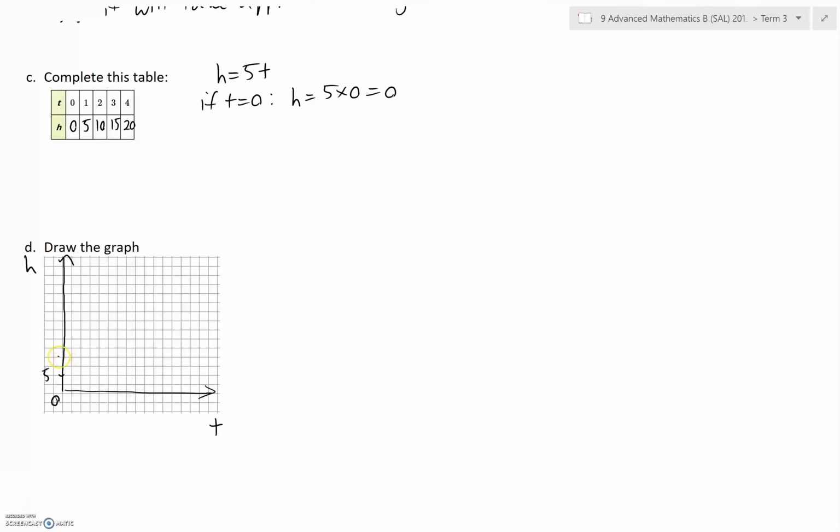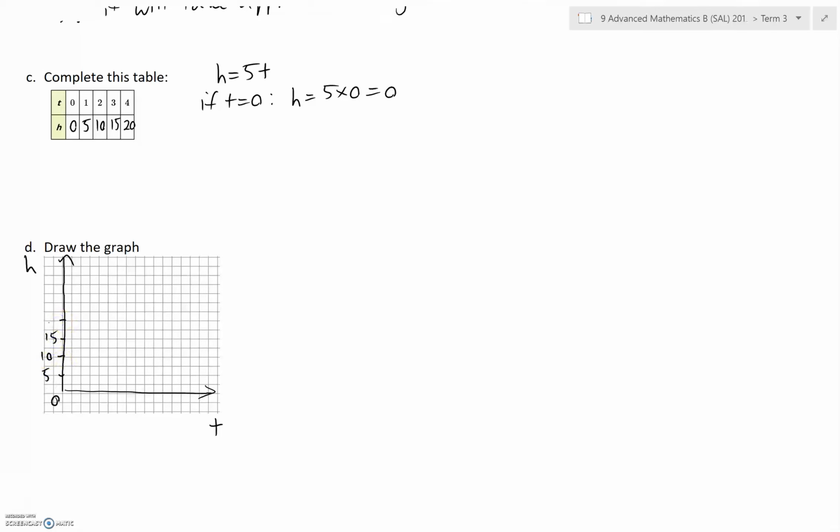So I'm going to go up in 5s because that's what our data is telling us. And for time, I'm actually going to go up in 1s because, again, that's what our data is telling us. So 1, 2, 3, 4, 5. Go up as far as you need to go. Now, plot each one of those points.